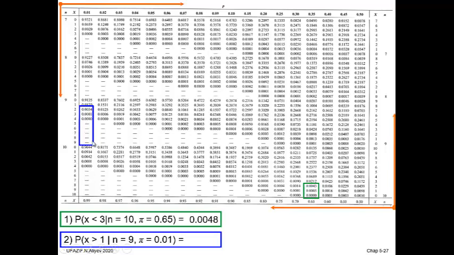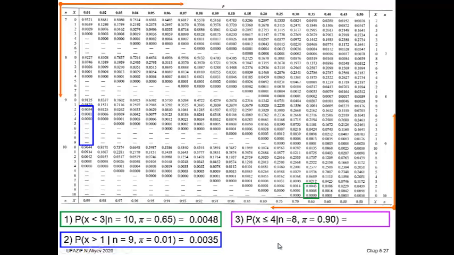They are the same thing as 0, they are very close to 0, that's why we show them as a line. If you add up these 7 or 8 numbers, you will obtain 0.0035.